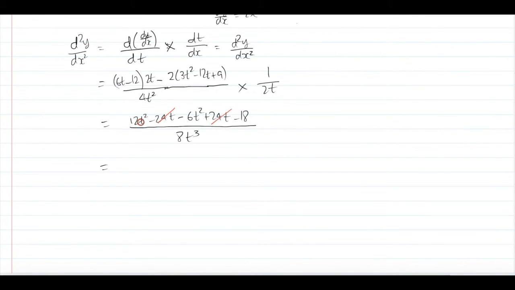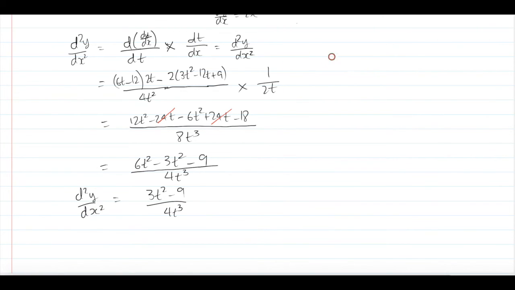We can also simplify that 12, 6, and 18 by 8 divided by 2, that's our factor. 6t squared, divide that by 2, minus 3t squared, divide that by 2 as well, we get minus 9 over 4t cubed. And we can simplify even further. So that's 3t squared minus 9 over 4t cubed, and that is your d square y dx squared, your second derivative.